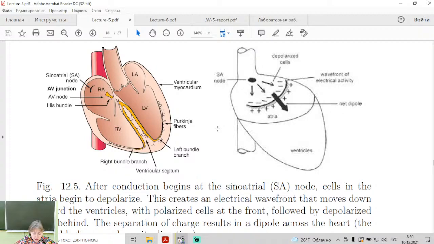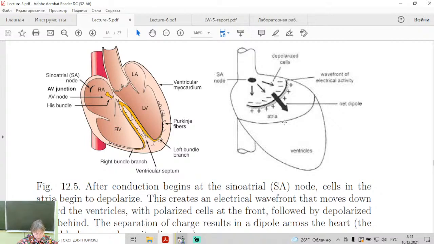During the cardiac cycle, the heart contracts in response to action potentials moving along the chambers of the heart. As it moves, one part of the cardiac tissue is depolarized and another part is at rest or polarized. This results in a charge separation, or dipole, which is illustrated in the figure.